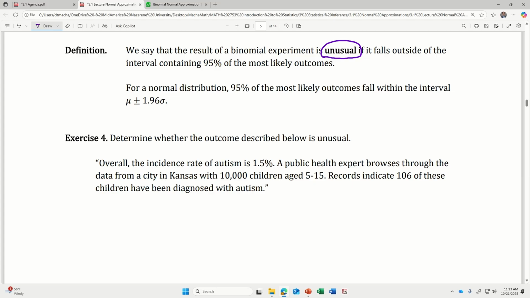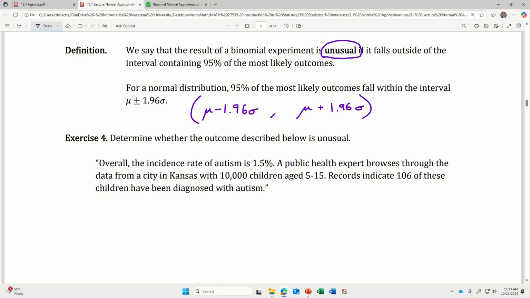And I can tell you that for a normal distribution, 95% of the most likely outcomes are going to fall within an interval containing the mean. And it goes from the mean minus 1.96 standard deviations, and it goes up to the mean plus 1.96 standard deviations.